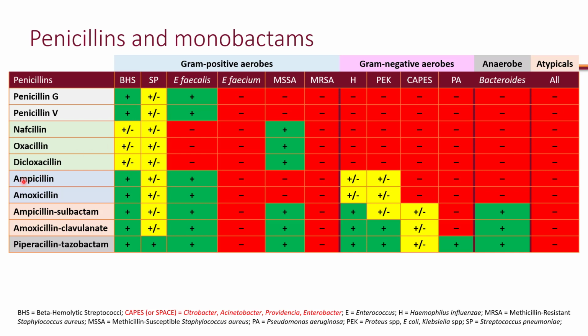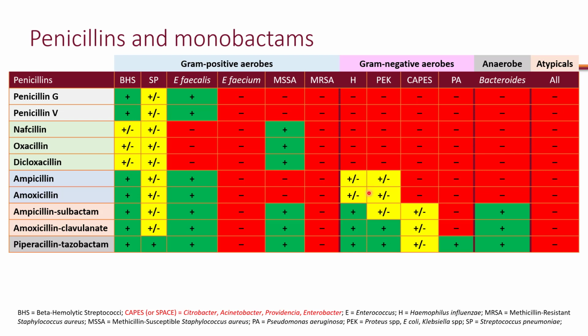Now, the next set is aminopenicillin. So this is ampicillin and amoxicillin, which have identical spectrum of coverage. Ampicillin and amoxicillin do have improved gram-negative activity compared to the previous subclasses of penicillin.